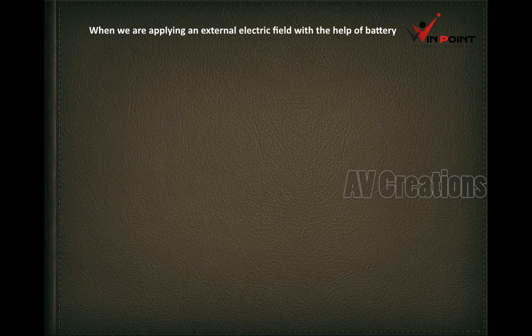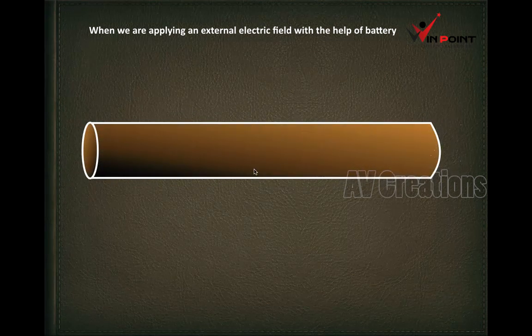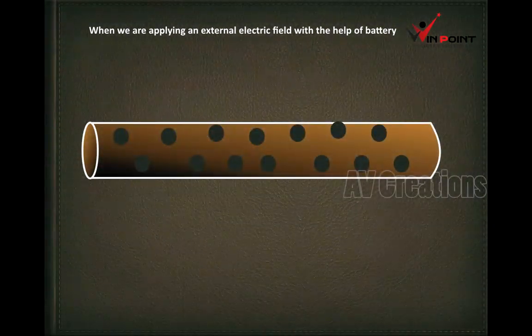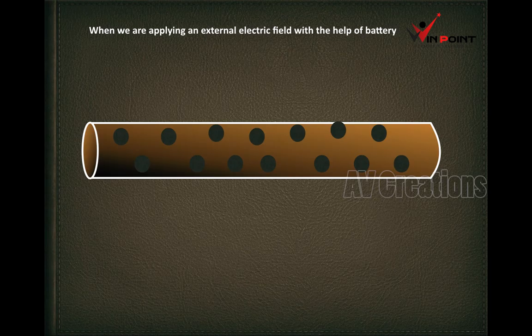When we apply an external electric field with the help of a battery, the electrons are going to move in one direction. We are considering a conductor with atoms present in it. Here it is negative charge and here it is positive charge because we are applying an external electric field.